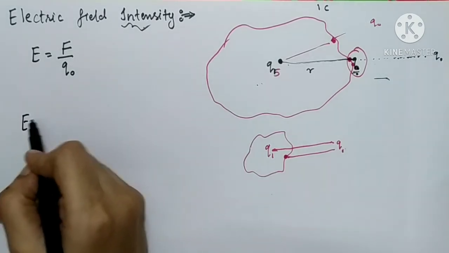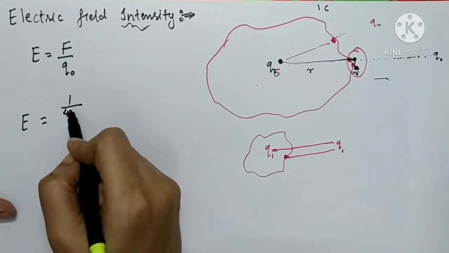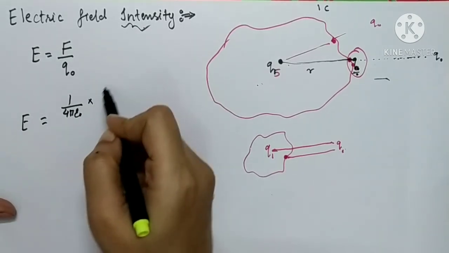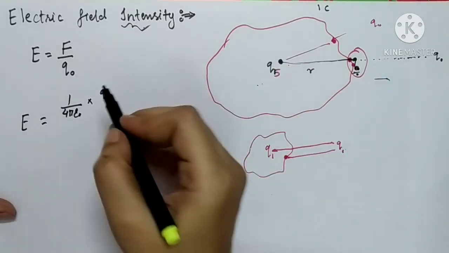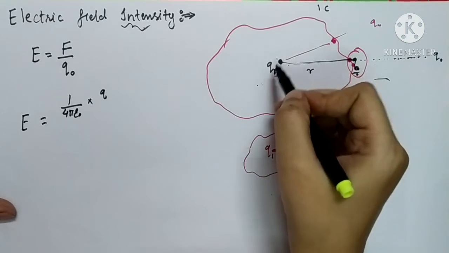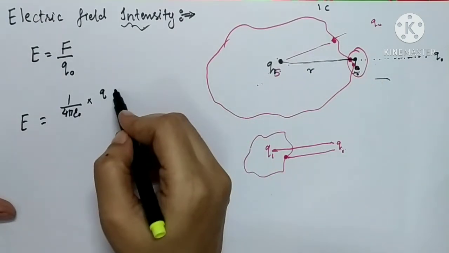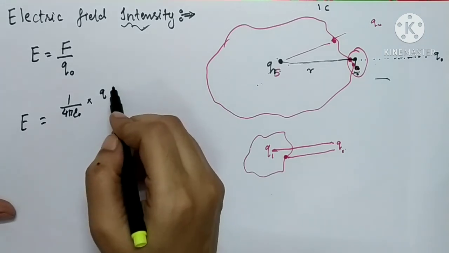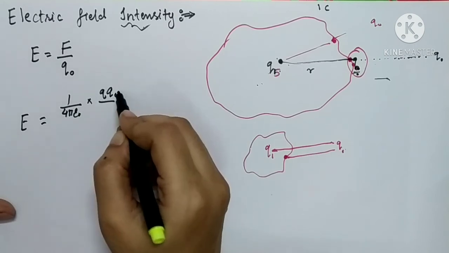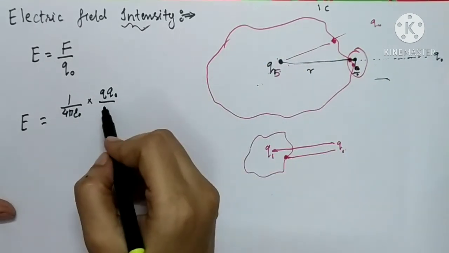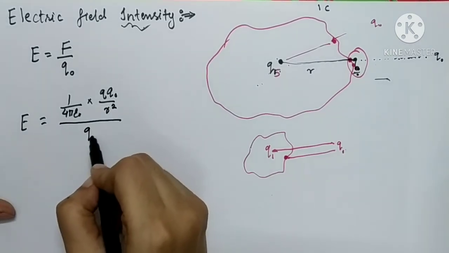We all know that by Coulomb's law, the formula for F is 1 upon 4 pi epsilon 0, Q, suppose the magnitude of the charge. Here we have taken Q5 or Q1 of 5 coulomb. It is just a single charge, say Q. We don't know the magnitude, suppose. Q into Q0, where Q0 is the charge experiencing the force, upon R square, divided by Q0.